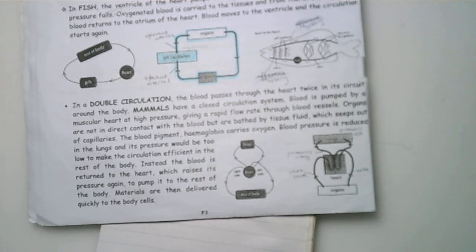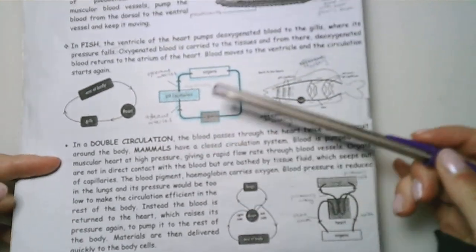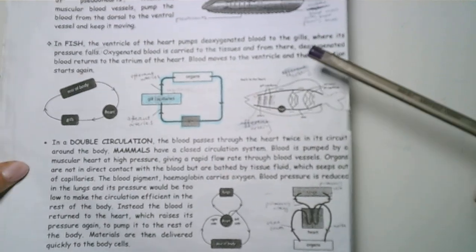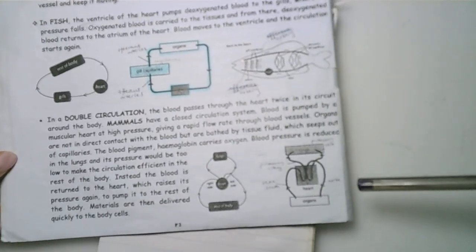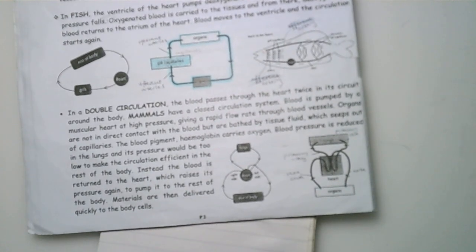Generally you can get larger mammals than other things. Like these examples, you have earthworm, fish, and then this would be a human body as an example. You need more pressure because you have a lot of distance to push it through, and it also needs to go through the heart twice as well. So lots of high pressure blood being pumped around the body.